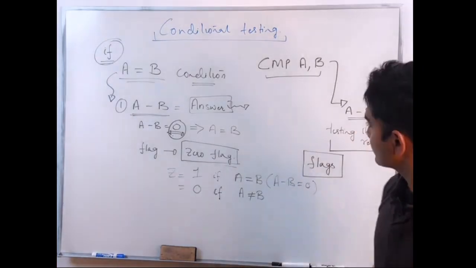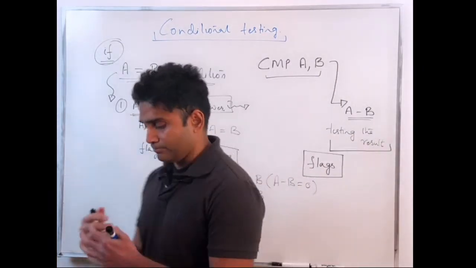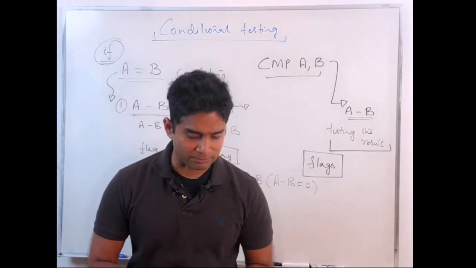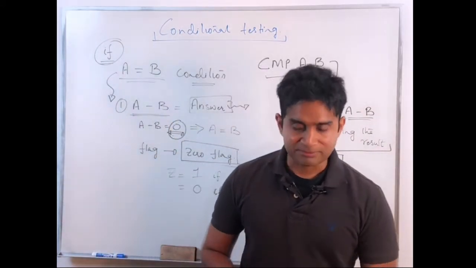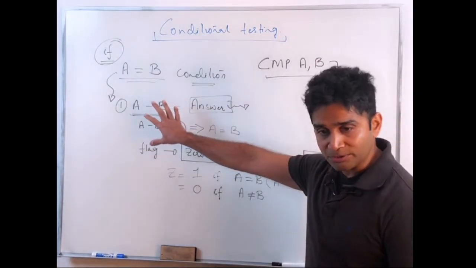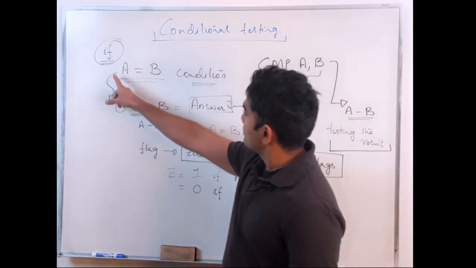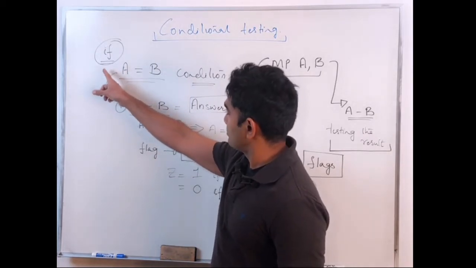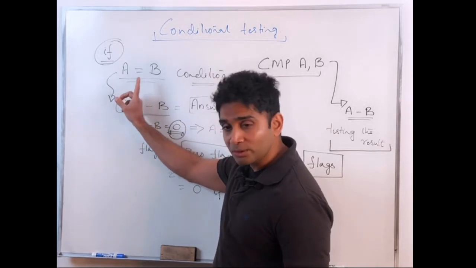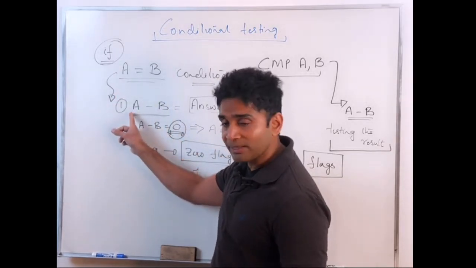Now, how do I configure a 0 flag? Any suggestions on that? At the hardware level, how do I configure a 0 flag? The hint is already in the operation. If I'm trying to check for this particular condition, I perform an A minus B operation.